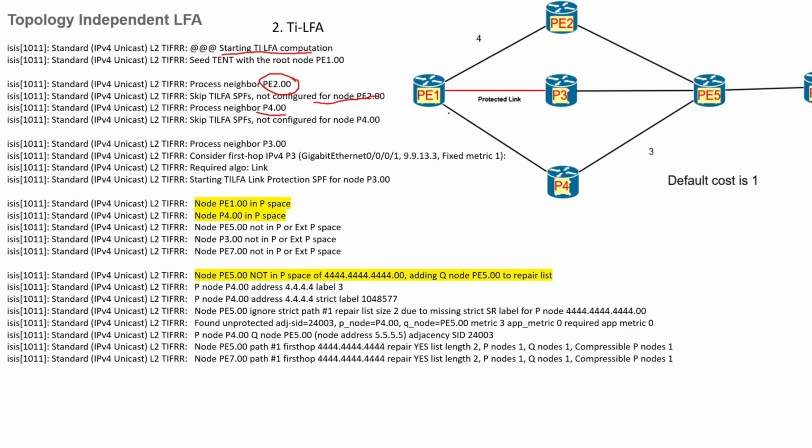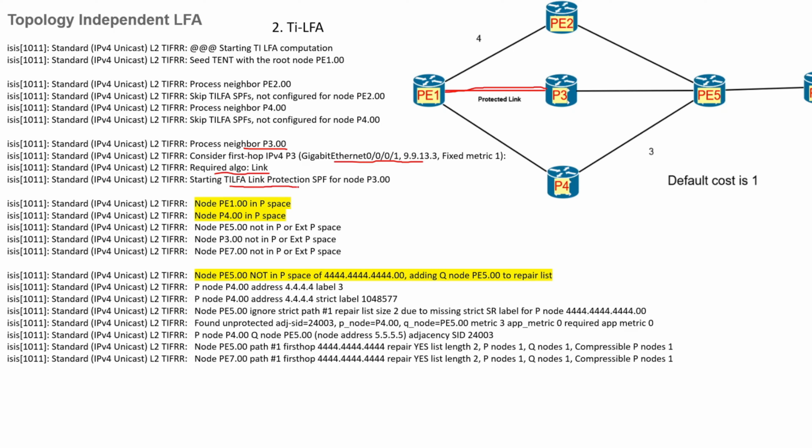If we talk about P4, this interface is also not enabled for Ti-LFA, so it says not configured for node P4. But this is the interface on which we have configured Ti-LFA. So it started the Ti-LFA processing for the link between PE1 and P3. This is that interface, and the required protection type is link. By default it is link, so for node and SRLG we need to enable it.